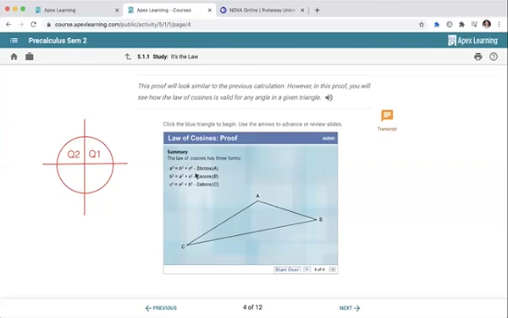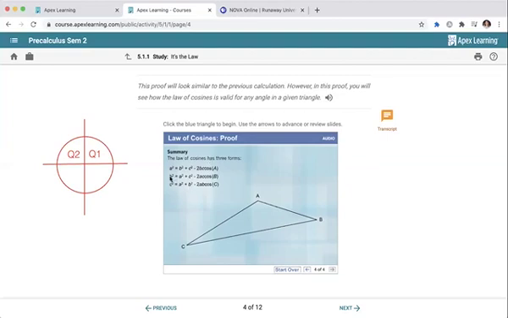If we're looking for A squared, it's going to be B squared plus C squared minus 2BC cosine of A. What I want you to notice here is that it's always 2 terms that are squared and added together, then it subtracts 2 times the 2 sides and the cosine. So there are a lot of similarities here.